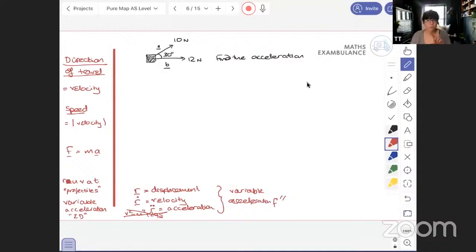Meanwhile, no, variable acceleration is in the first year and the second year. When you do variable acceleration in the first year, all of your stuff is one-dimensional, so there's no vectors involved. So your displacement is going to be like s equals 3t squared plus 4t. So there's no vectors.